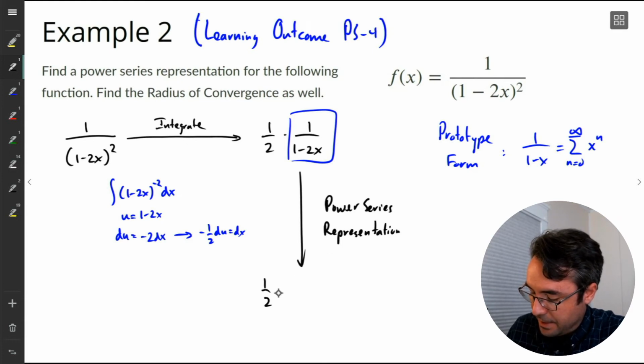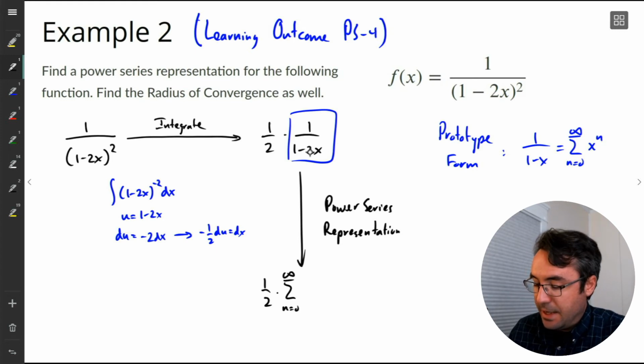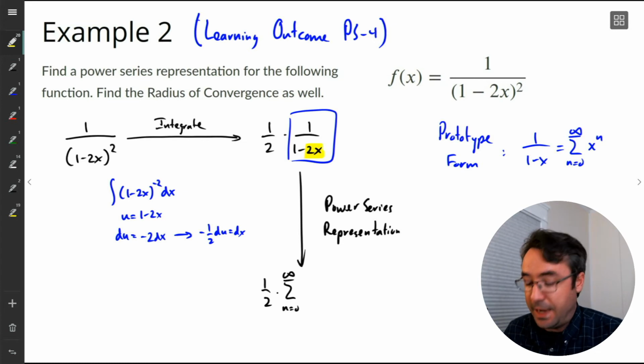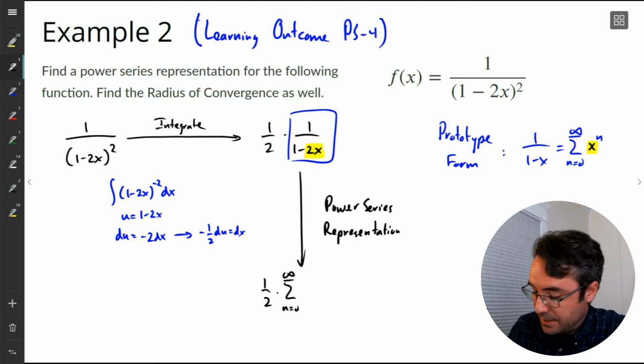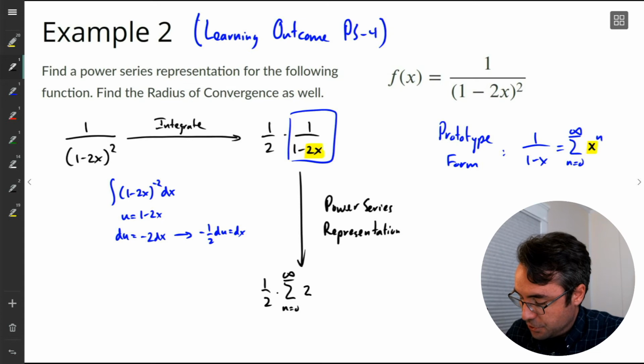So we're going to have 1/2 times the sum from n equals 0 to infinity. And then our variable part here is the 2x. We have the 1, we have the minus, so that's all good. So in our prototype form, we're just going to plug in 2x instead of just a plain old x there. So when we plug in 2x, we're going to end up with 2x raised to the n.